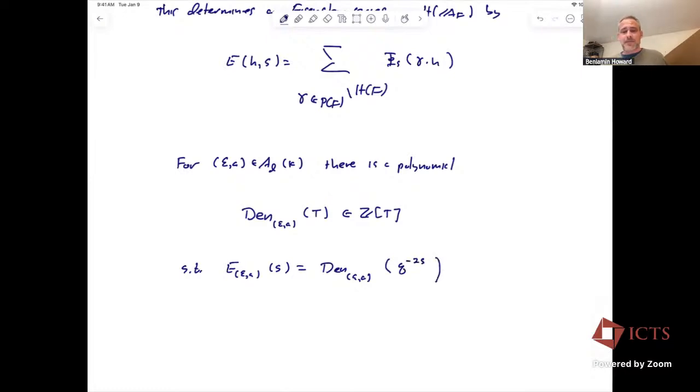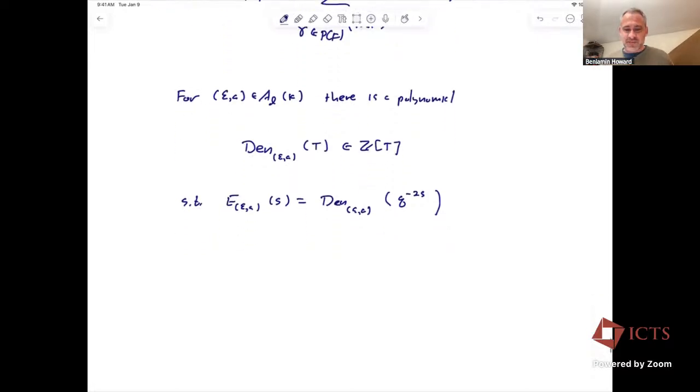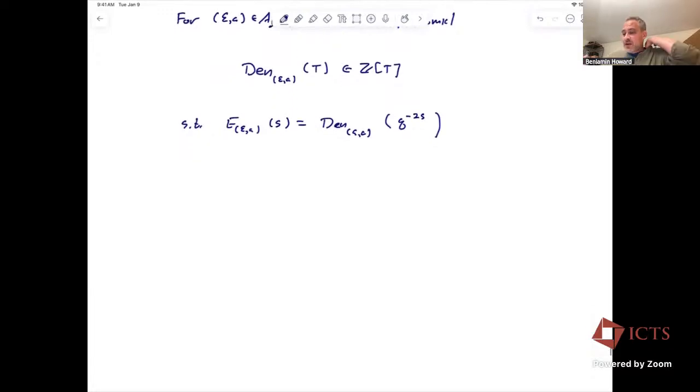Now, I have a slide to show you, and there are explicit formulas for these, but they're extraordinarily complicated. And if there's 1 or 2 minutes at the end, I will show you a slide that gives you the precise definition of this density polynomial. It's explicit but a horrible formula. But what can you do with this?